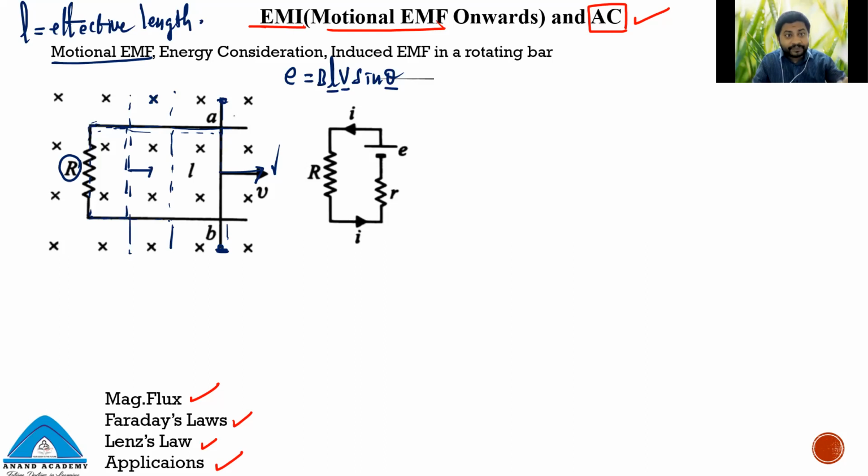Effective length is the shortest, straight line distance between the initial and the final point of the rod. That's called effective length. Here theta will be 90 degrees, then I can write E is equal to BLV. So this is the formula for the motional EMF.